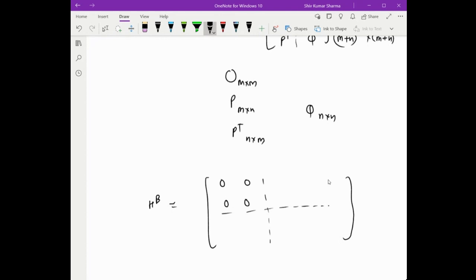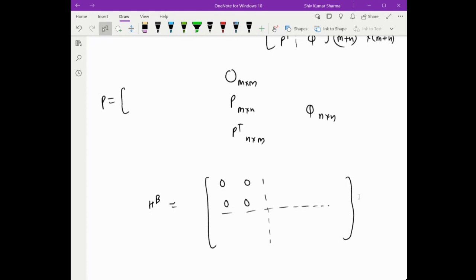When you write matrix P, the first row is the first constraint H1, differentiated with respect to X1, with respect to X2, with respect to X3.